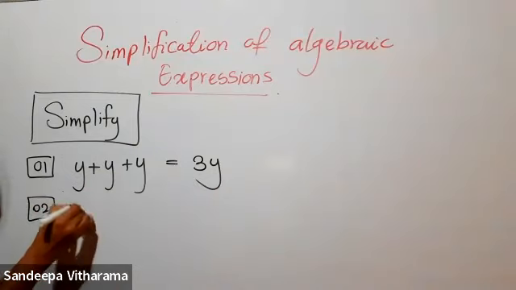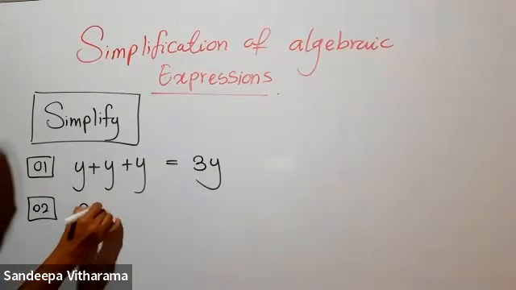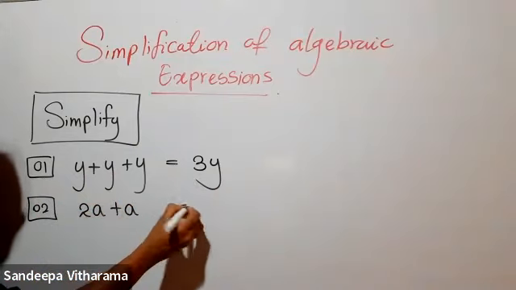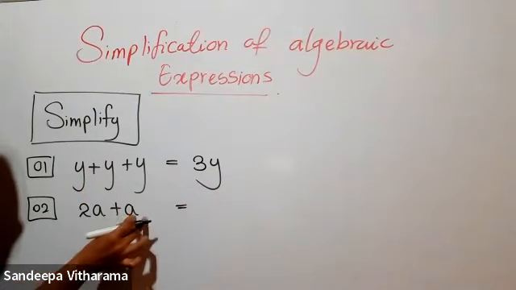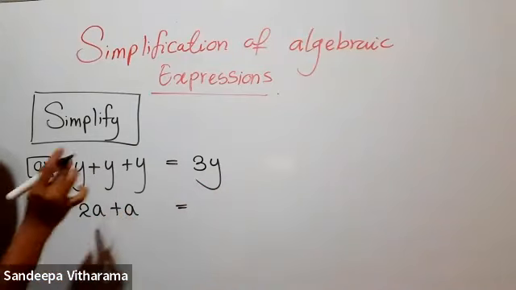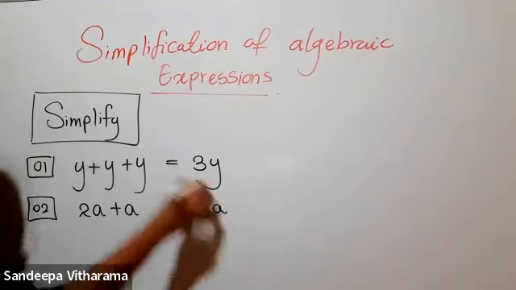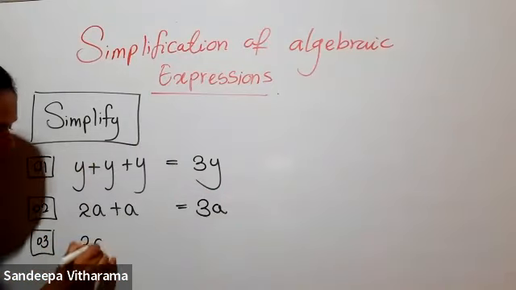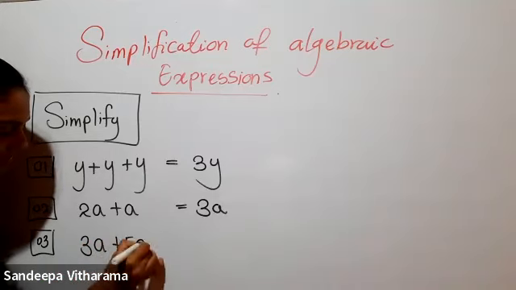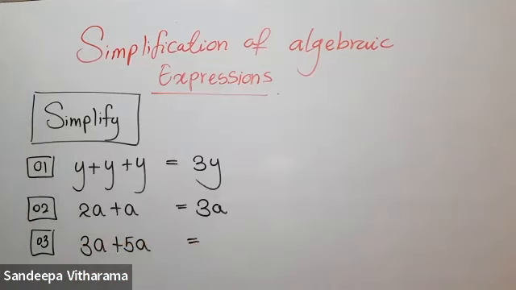Okay? You may think of another simplification of like terms. Here there are 2 ways. To 2a, a is added. Then what happens? It becomes 3a. Okay? Then another one. It is 3a plus 5a. What is the answer? Okay, look and tell me. 8.